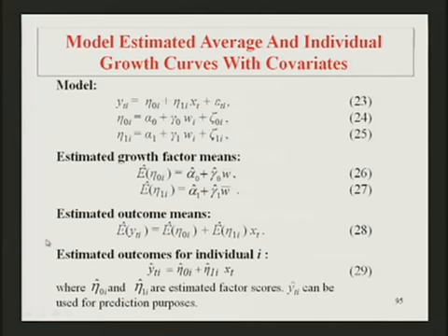And those estimated intercept and slope are estimated factor scores. So you can request factor score estimation, FS, in the output, and get that for each individual. And then you could just, in Excel or whatever you want, compute what the y hat ti is for each individual, which could be used for prediction purposes too.